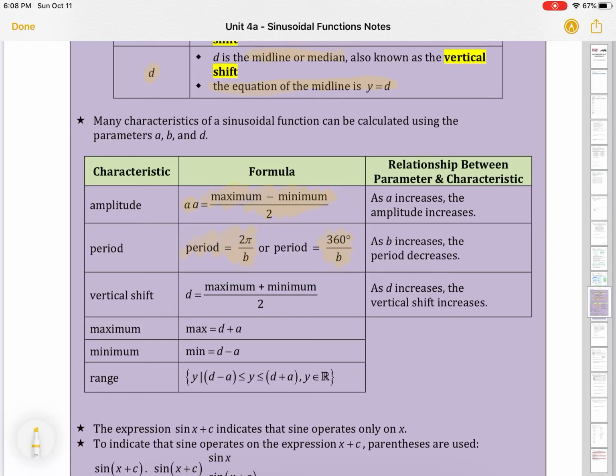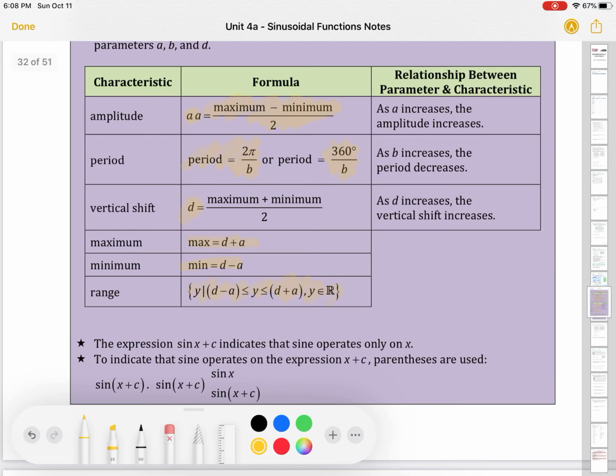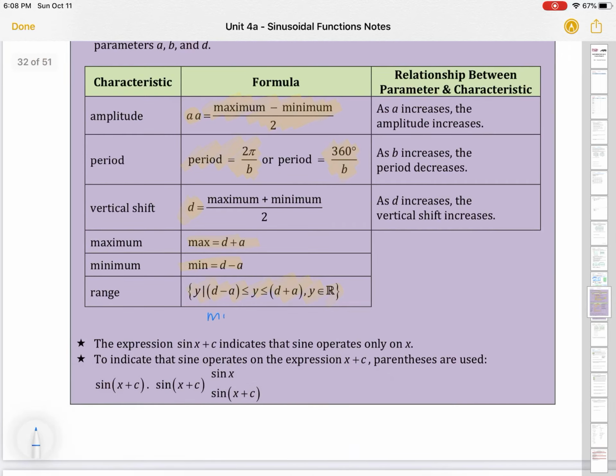Vertical shift: D is the maximum plus the minimum, divided by 2. As D increases, the vertical shift increases. And you can find the maximum and the minimum if you know D and A. You can also find the range, because the range goes from the minimum to the maximum, right? So it's just filling them in.